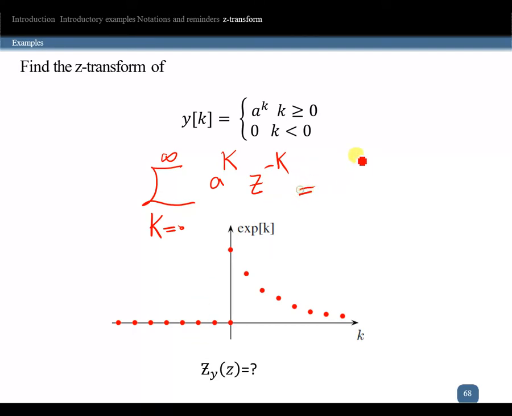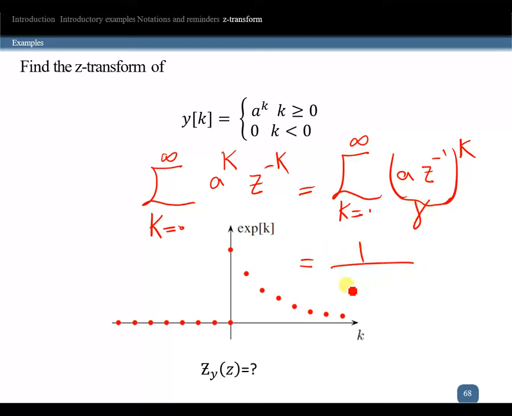This one I can rearrange, it becomes the sum from k equals 0 to infinity of (a z^-1)^k. If you remember, this one for me becomes lambda. The answer becomes 1 divided by 1 minus a lambda. My lambda is this. Or if you multiply this by z, it becomes z over z minus a.